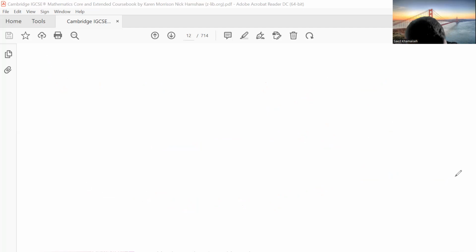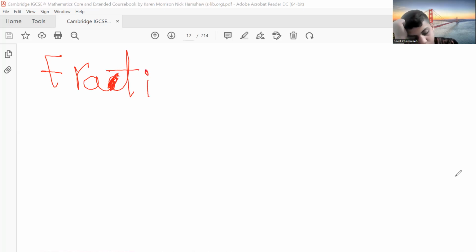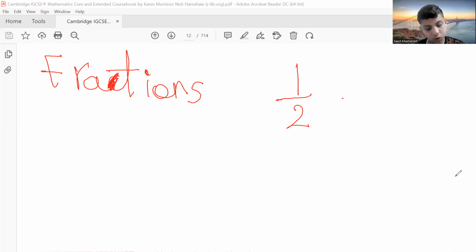Now, fractions. A fraction is a number that can be divided or can be converted to a decimal.